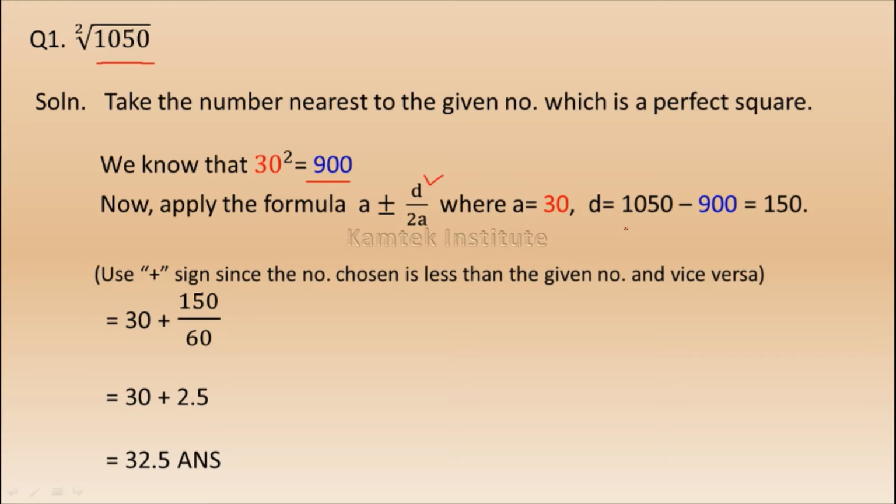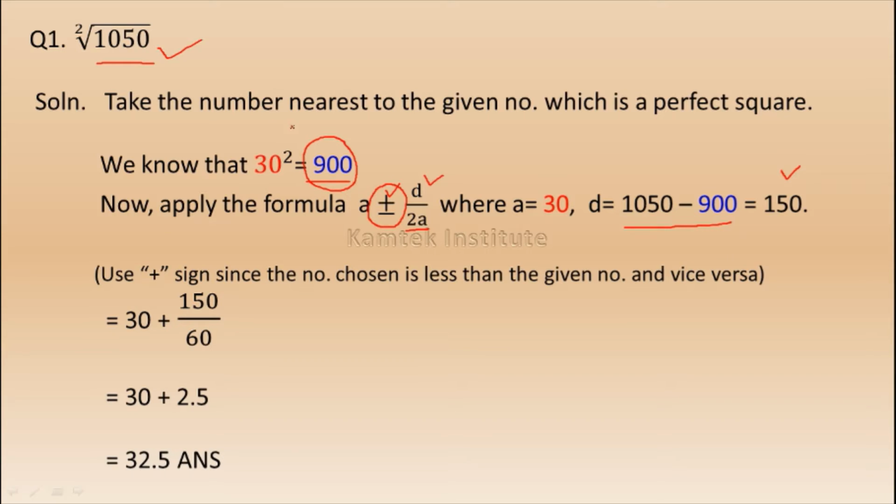That is, 1050 minus 900 is 150, that is d, and 2a, as you know, will be twice of 30, that is 60. Now, as far as this plus and minus sign is concerned, here we are going to take the plus sign for the simple reason that the number we have chosen, 900, is lesser than 1050.